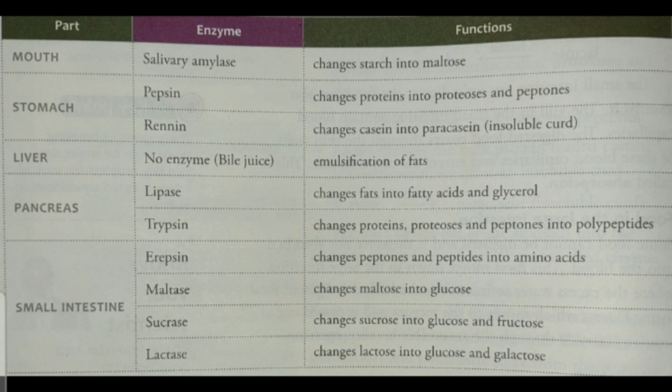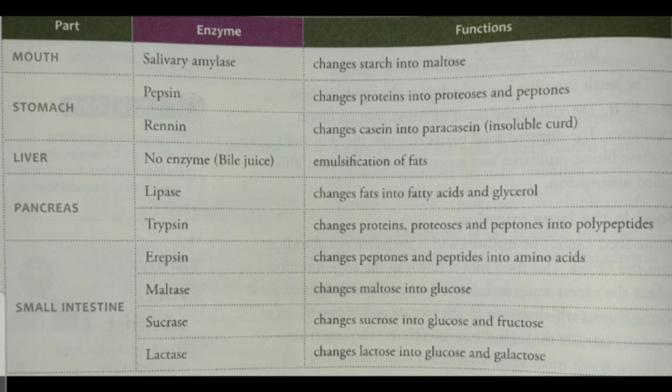Erepsin is an enzyme that is new to you. It acts on proteins. It is a proteolytic enzyme that changes proteins and peptides into amino acids. The next is maltase. Maltase is an amylolytic enzyme. It changes maltose into glucose.